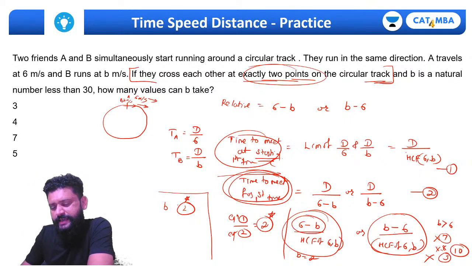If we take 10, then it will work, because 10 minus 6 is 4 and the HCF will be 2, right? So the possible value is 10.